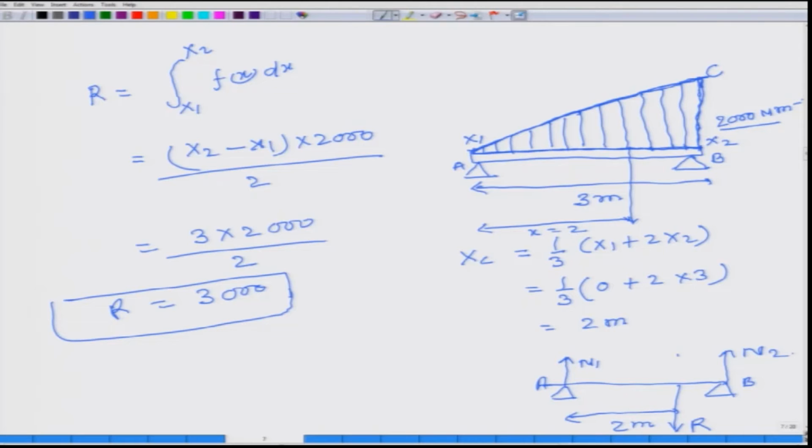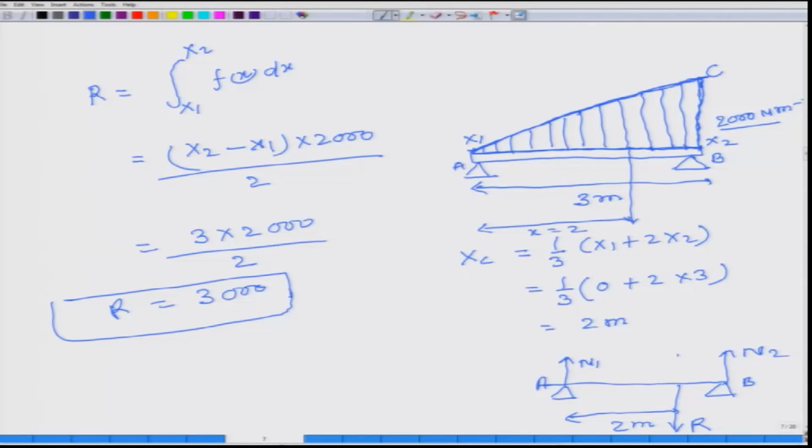So, our whole load will work at the centroid, which is at x equal to 2 meter, right. So, to find out what are the forces applied by the supports, these forces are N1 and N2. So, for that let us take torque at point A, right.